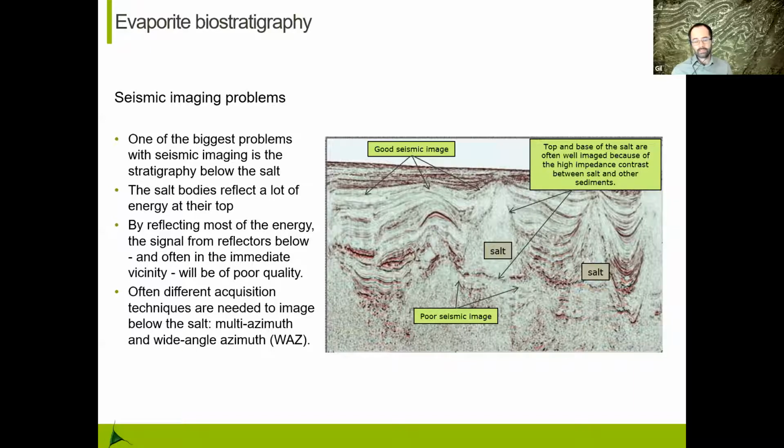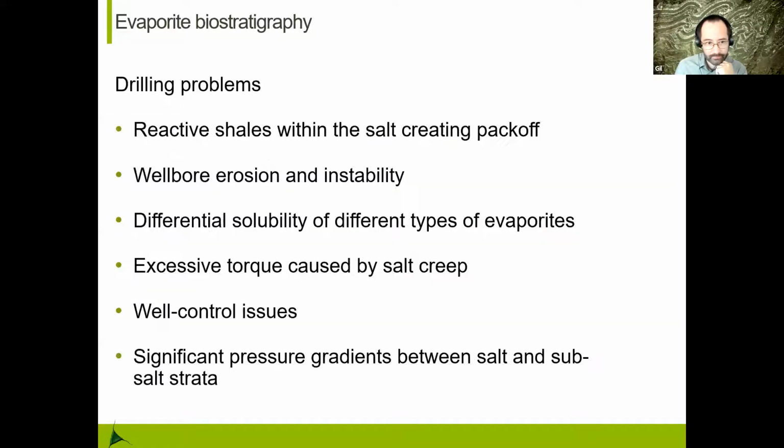Frequently the quality of the seismic imaging below the salt is worse, and also around the salt bodies, especially when you have complex salt morphologies, it can be very difficult to image the non-evaporitic sediments in a basin. So it often requires quite advanced and more expensive seismic imaging techniques like wide azimuth and multi-azimuth and other techniques in order to observe strata below and near the salts.